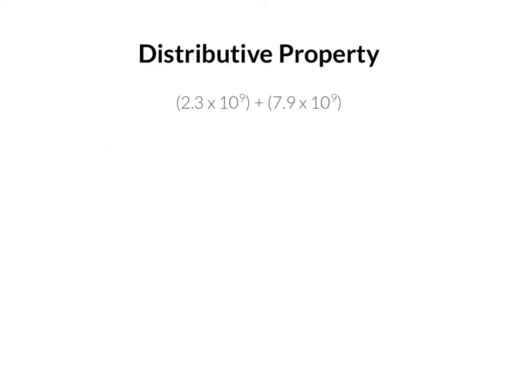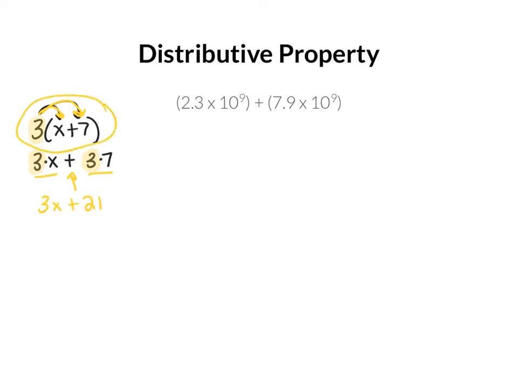Let's refresh what we know about the distributive property. Let's say that we have 3 times the sum of x plus 7. The distributive property states that we can multiply this outside number, the 3 that's being multiplied by the sum, by each term individually, and then add them together to give us the same answer.